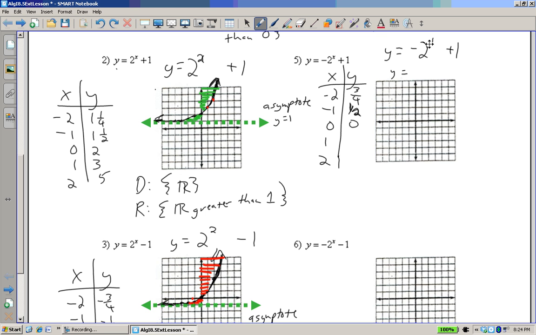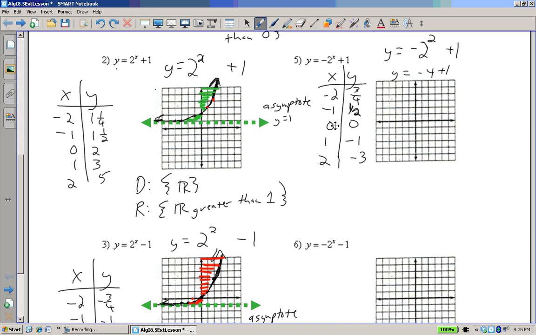So negative 2 to the first, that is negative 2, plus 1 is negative 1. So the opposite of 2 squared plus 1, that's negative 4 plus 1, which is negative 3.